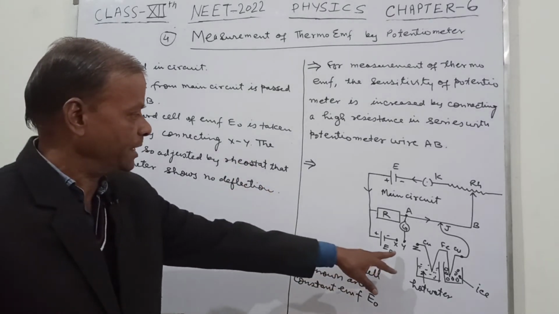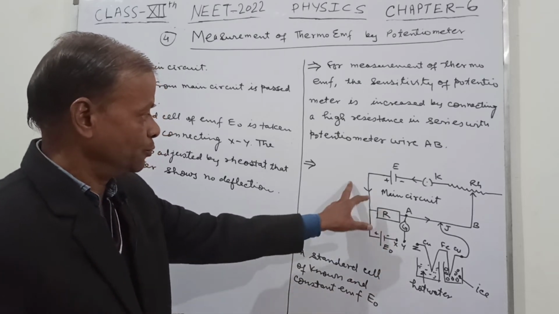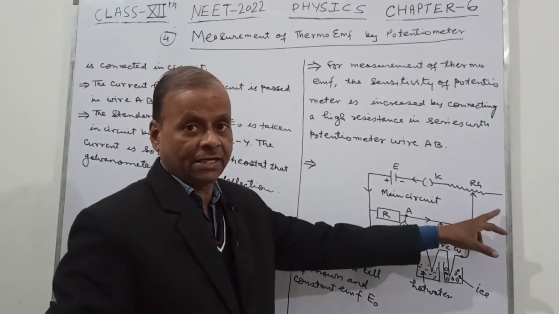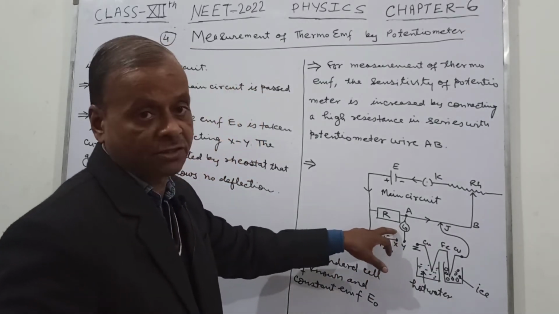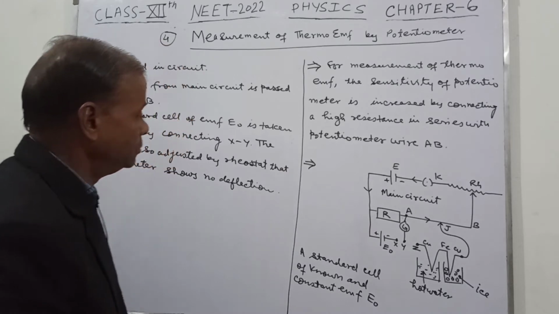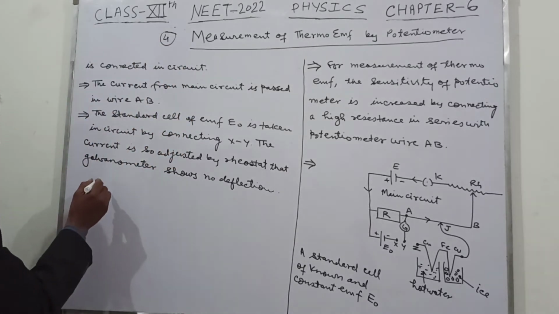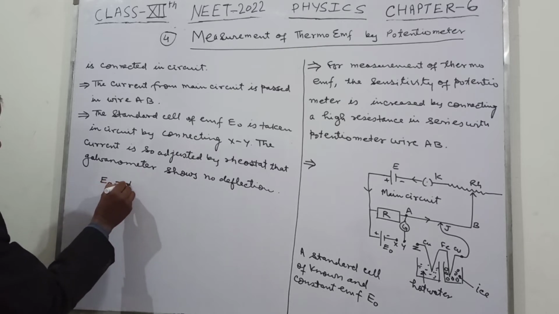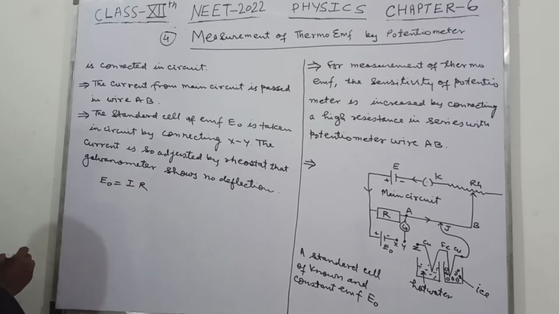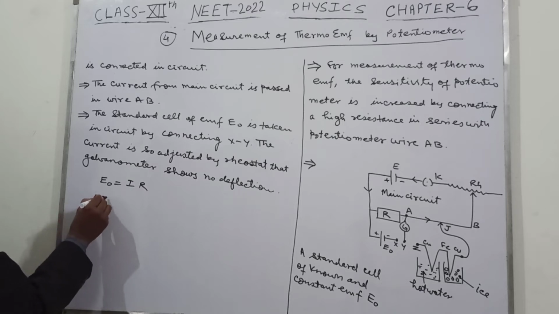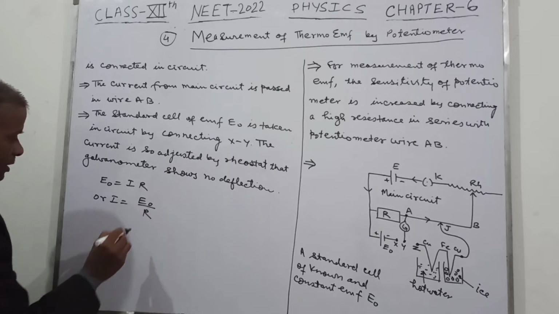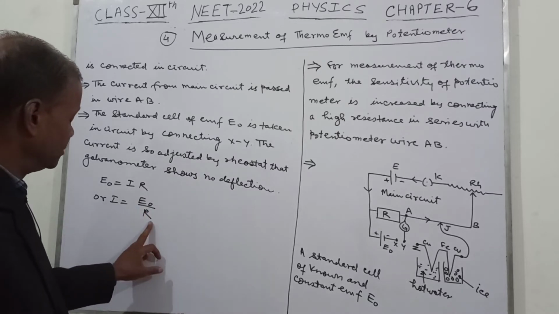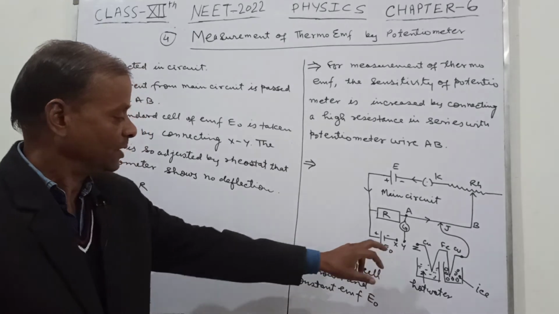When we have connected so much, then this rheostat RH is adjusted in such a way that the deflection in galvanometer is 0. So now E0 is equal to I into R, or I equals E0 upon R. So we have found the value of this current.